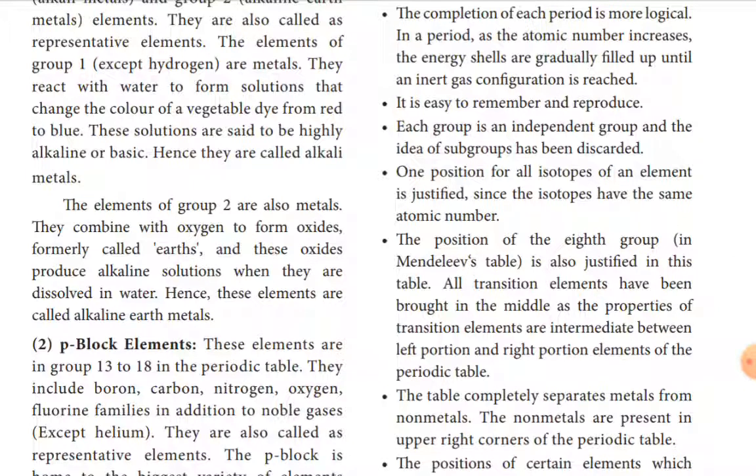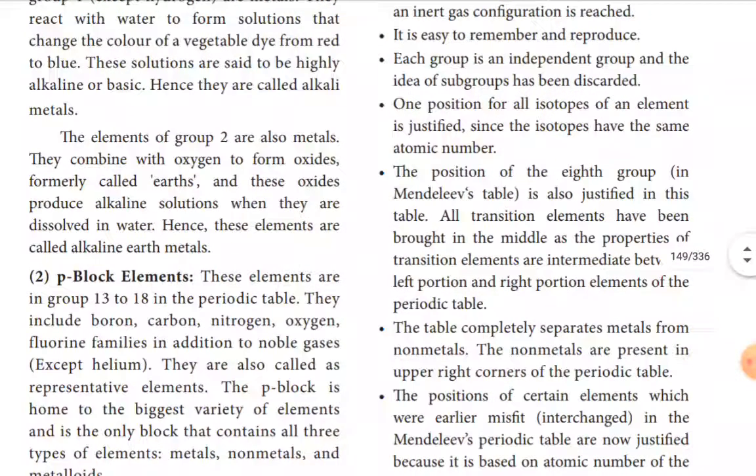Each group is an independent group. There are no subgroups like group A, group B. All these subgroups are discarded in the modern periodic table, and there is only one position for all the isotopes of elements like chlorine, oxygen. So no separate places are given, because even isotopes have the same atomic number.